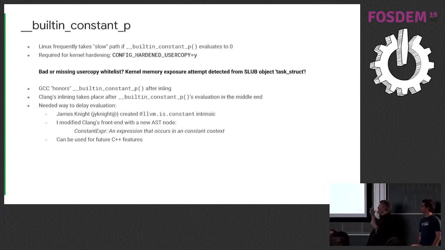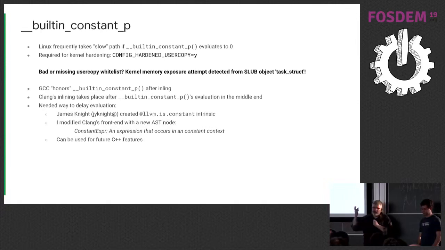After inlining happens, GCC is still able to say, is the argument to __builtin_constant_p an integer or a constant? If it is, we'll just go ahead and say yes, it is. Otherwise, no. And in the vast majority of cases, this is used to take the slow path as opposed to the quick path.